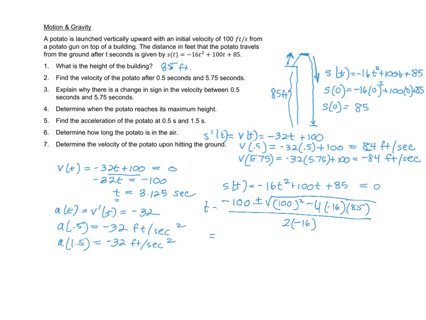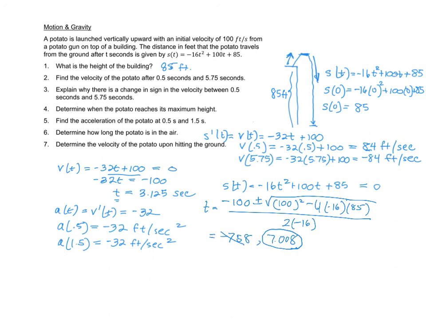That's going to give us the t values where it equals 0. I'm going to take a moment to put this into my calculator, and then I'll get back to you with the answer. All right, I got the answers negative 7.58 and 7.008, I believe. Since time can't be negative, our answer is 7.008. So that's how long the potato is in the air.